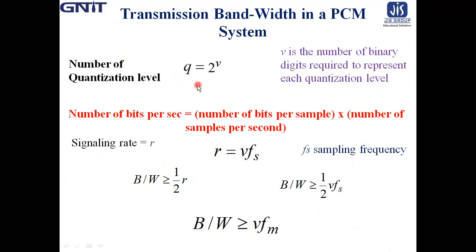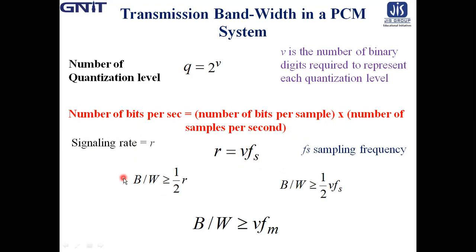Obviously the number of bits per sample is V, and the number of samples per second is the sampling frequency Fs. So the number of bits per second is the number of bits per sample into the number of samples per second, which is nothing but your signaling rate R. So R equal to V into Fs.